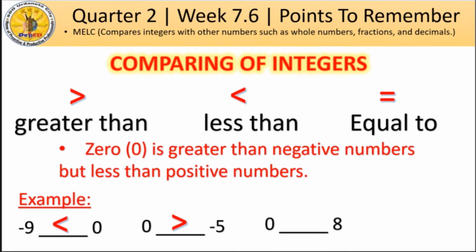For 0 and 8, 0 is lesser than a positive number, so 0 is less than 8. And lastly, 9 and 0. Since positive numbers are greater than 0, then 9 is greater than 0.